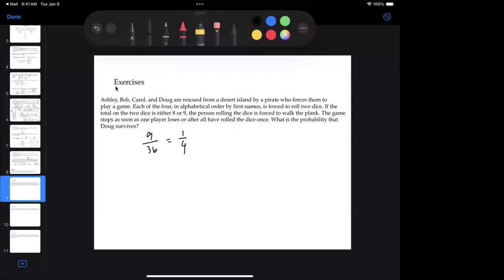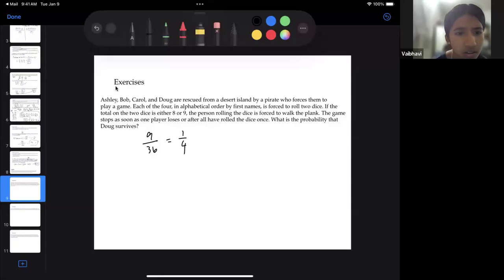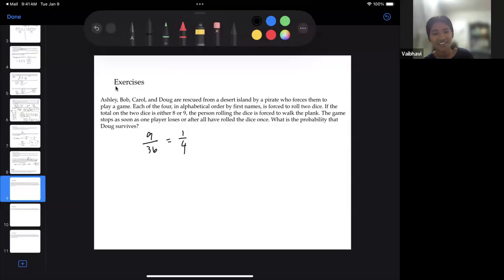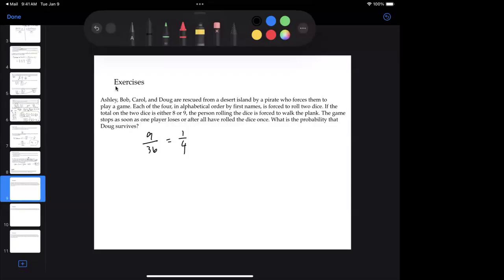And the other way Doug survives is if one player loses. So there are 3 other players who can lose before him. So I don't know what to do after this. Great, you are almost there.